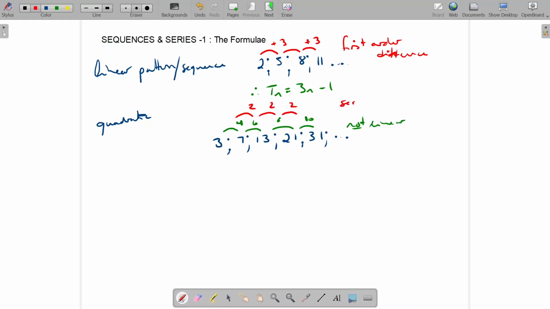So it was a second order difference, and therefore it was quadratic. So we would know that Tn equals an squared plus bn plus c.